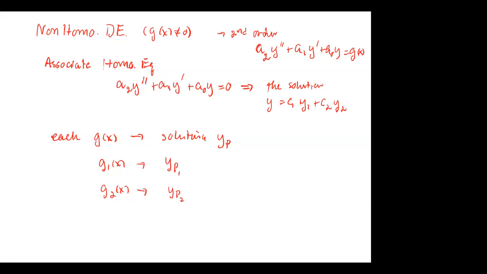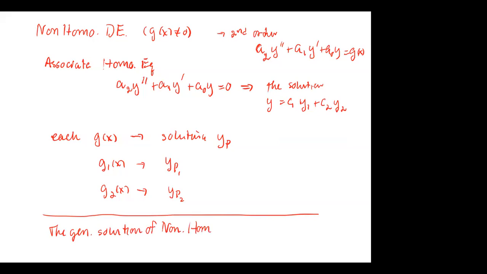Okay, and then when you put them all together, the general solution of the non-homogeneous differential equation is going to be in the form of y equals the solution from the associate homogeneous equation, which is c1 y1 plus c2 y2, and then plus yp.